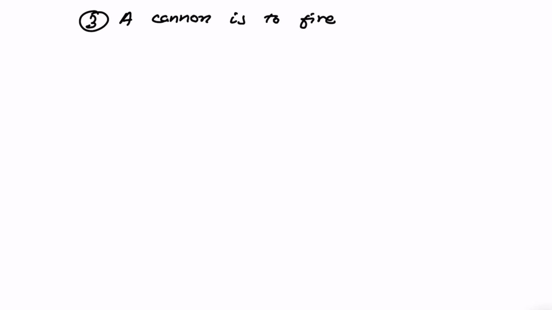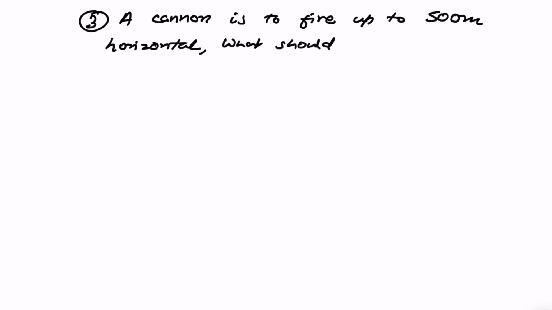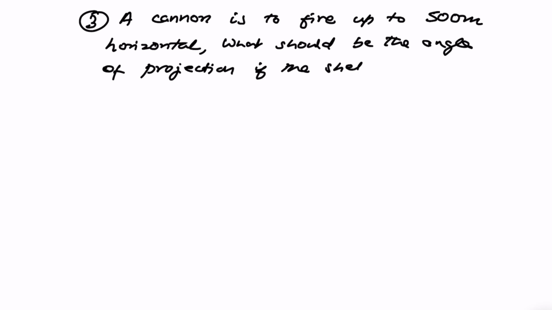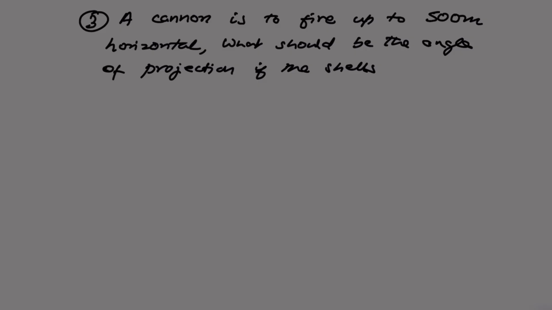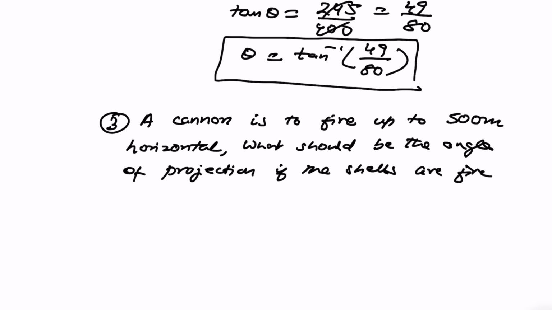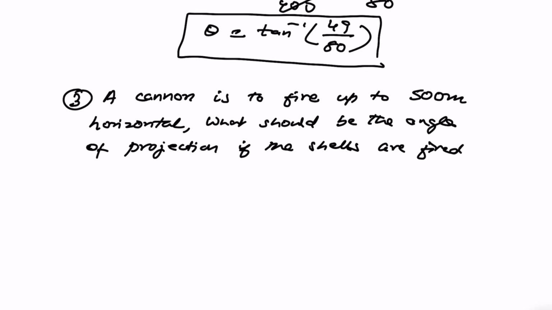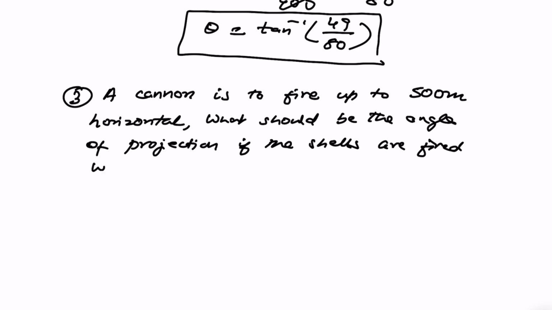A cannon has to fire up to 500 meters horizontally. The question is, what should be the angle of projection if the shells are fired with a velocity of 100 meter per second.